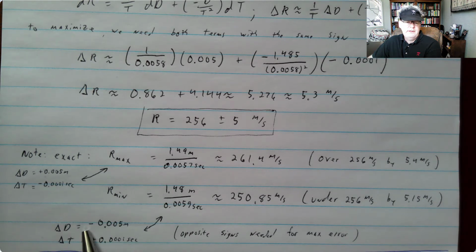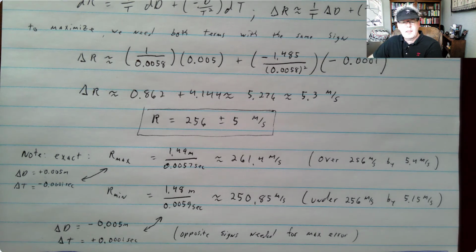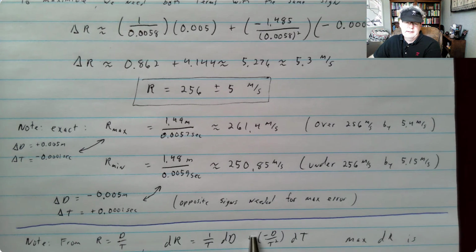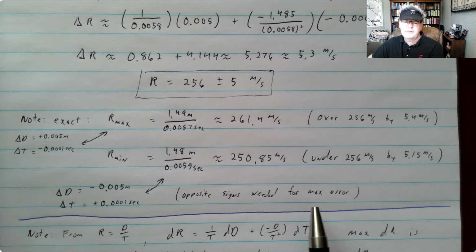Again, notice these two are opposite signs. That'd be like having both of these negative up here. Anyway, that would be 250.85, so it's under by about 5.15. Again, opposite signs needed for error. So 256 plus or minus 5 does the job.